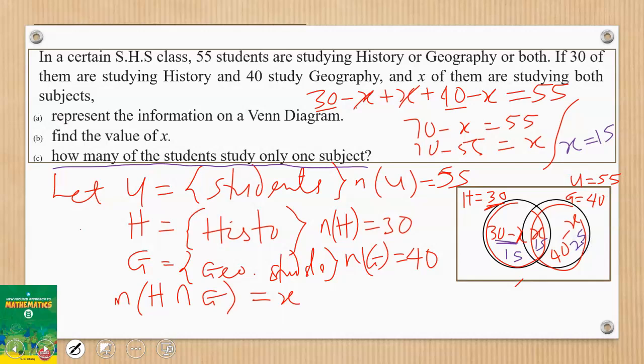So if you ask how many of the students study only one subject, those who did only one subject are 15 and 25. When you put them together, that is going to give us 40. So 40 students study only one subject and 15 students study two subjects.